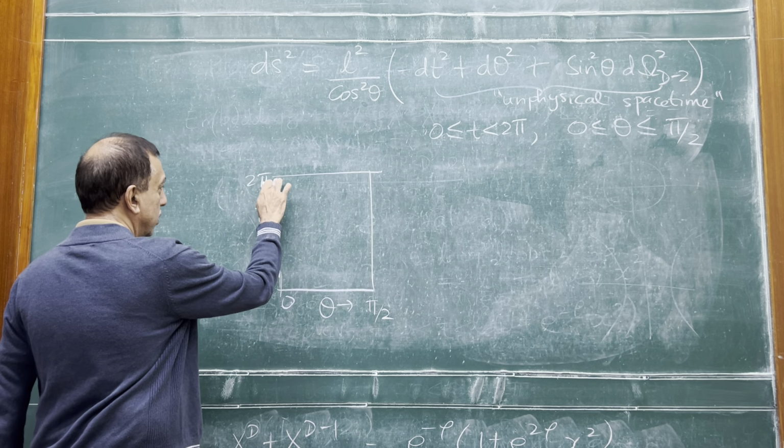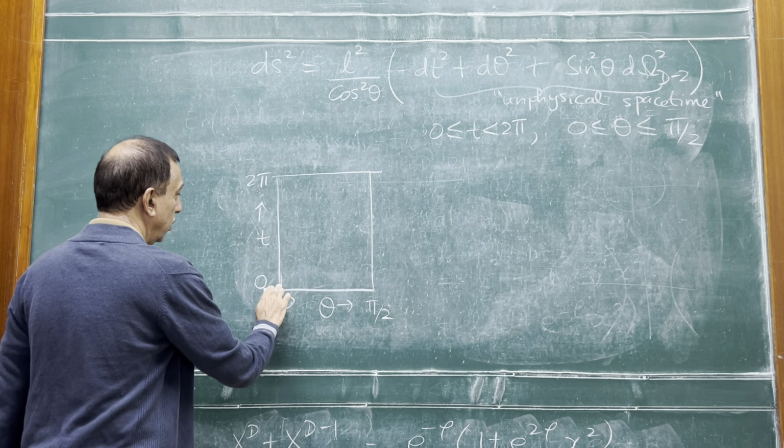First of all, what is this boundary line? This is rho equals 0. It's not the end of anything, it's just a coordinate singularity of those coordinates, so I'll draw it as a dotted line. What basically happens is that at theta equals 0, that sphere shrinks to 0 size, just as it did in de Sitter.